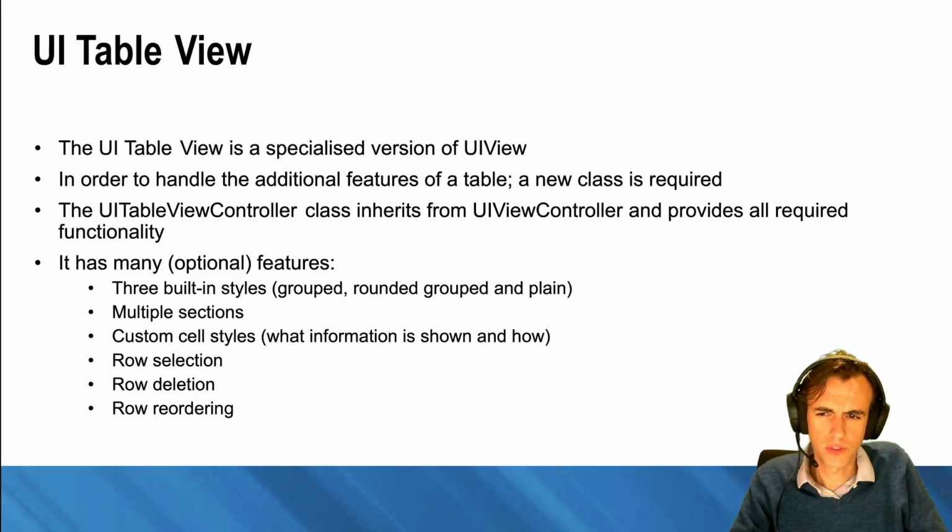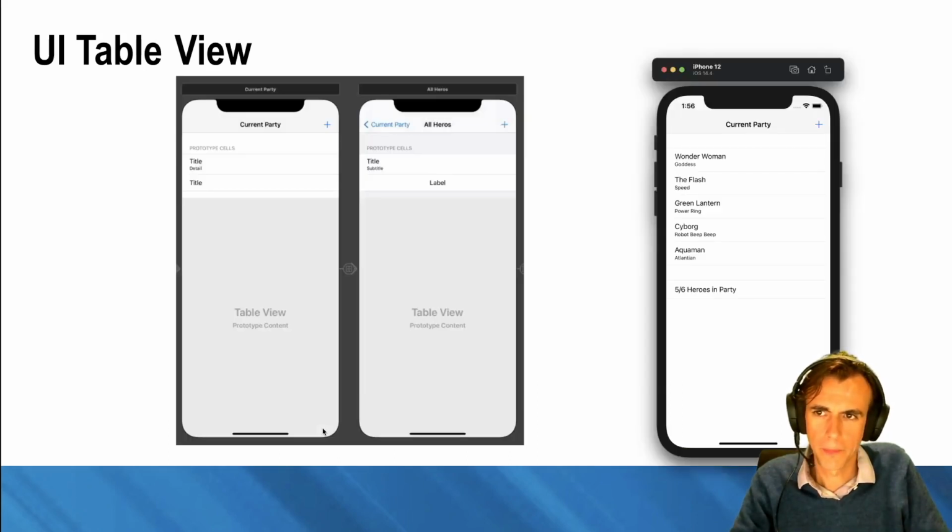It also handles some things like selection, and there's built-in logic for things like row deletion and addition and even reordering controls, so you can drag and drop elements to reorder a list, for example. Here's a simple example of a table view which you'll produce as part of your lab exercise for this week.